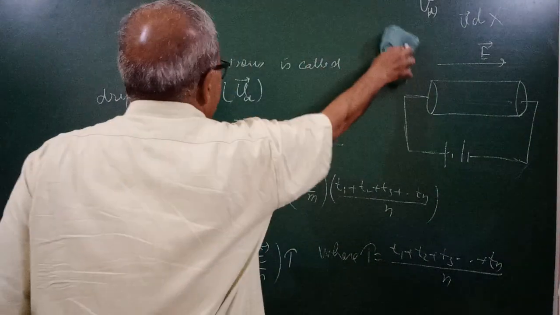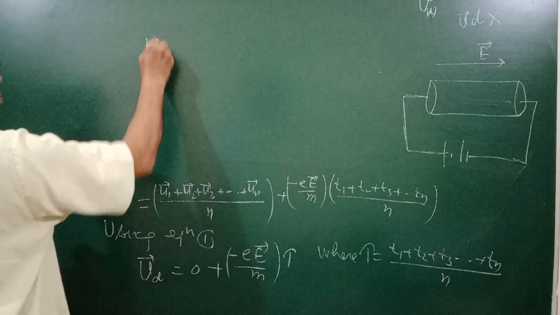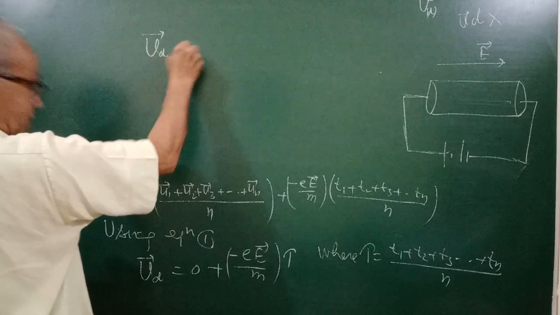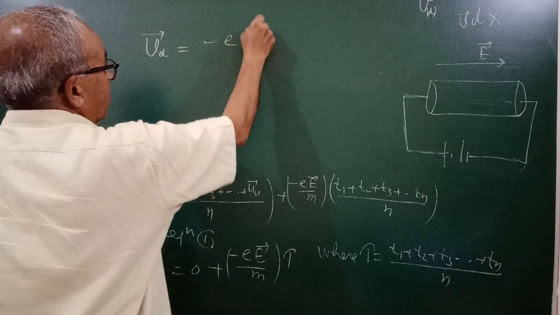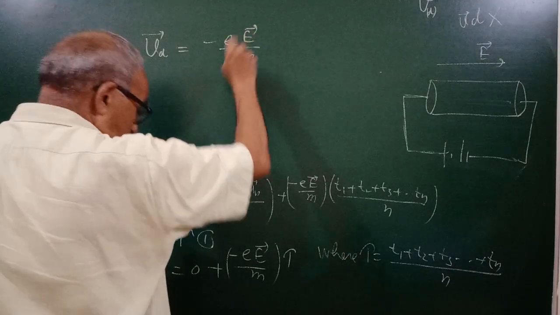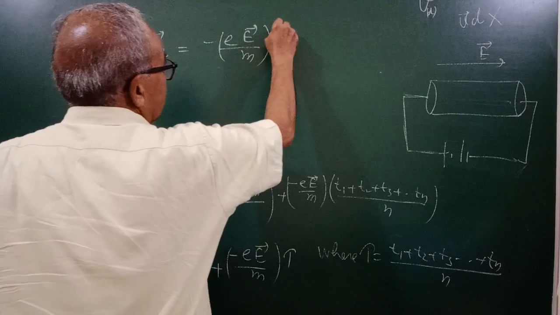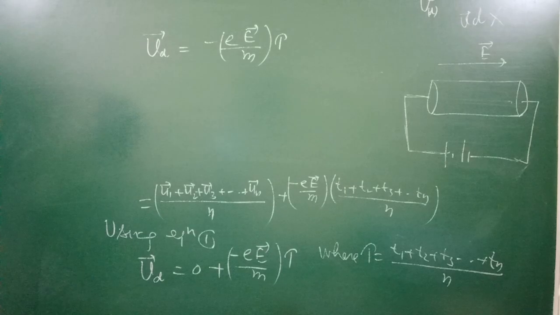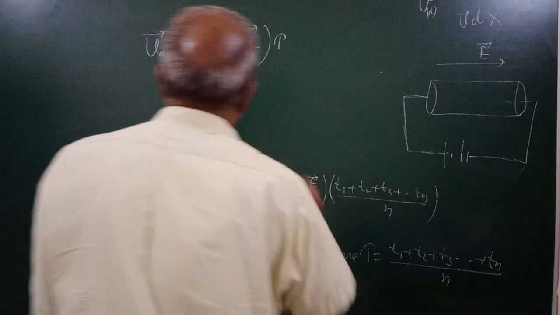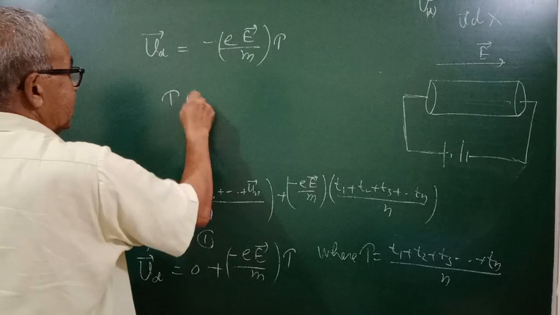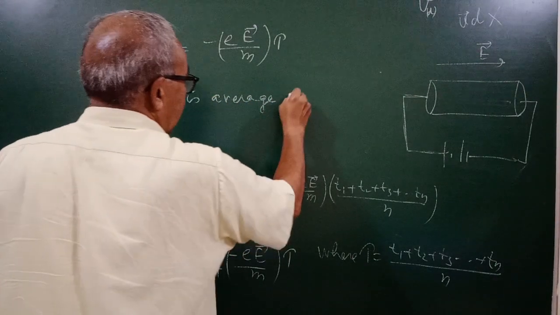Or we can write it as vd equal to minus e into E upon m into tau, where tau is the average relaxation time.